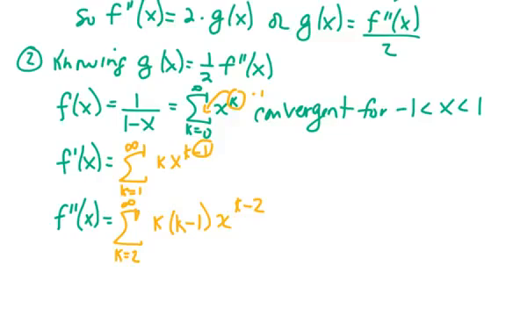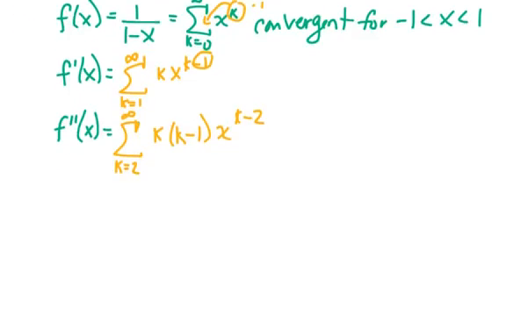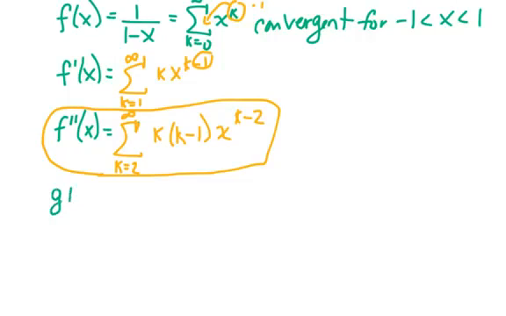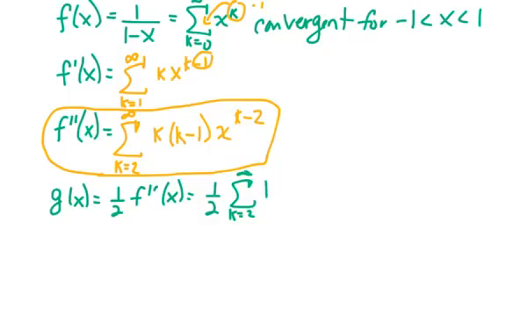So f double prime, the second derivative in terms of a power series, is written as such. So g of x is equal to 1/2 times the second derivative, which would be 1/2 times the sum from k equals 2 to infinity of k times k minus 1 times x to the k minus 2.